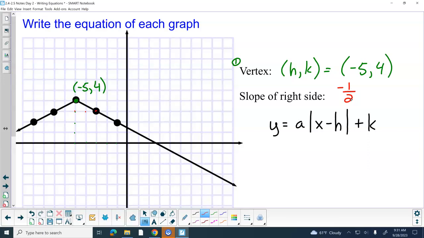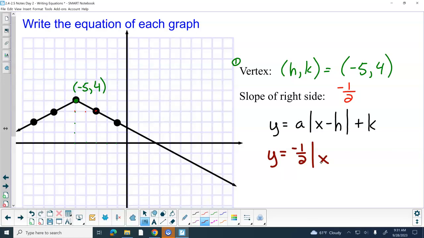Okay? So the equation of this absolute value that I have right here is y equals, my A value is -1/2, absolute value, x is x. What am I going to put in here? Am I going to put -5? Am I going to put +5? Or am I just going to put 5? Yeah, +5.